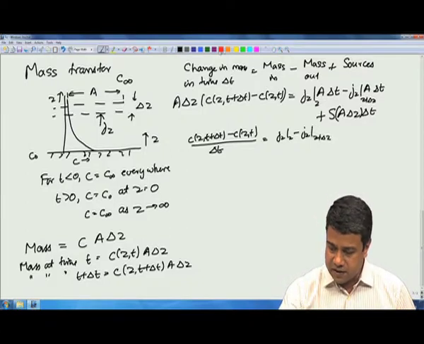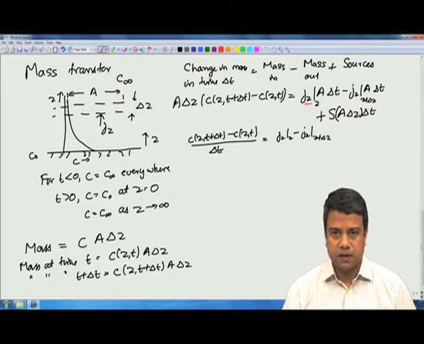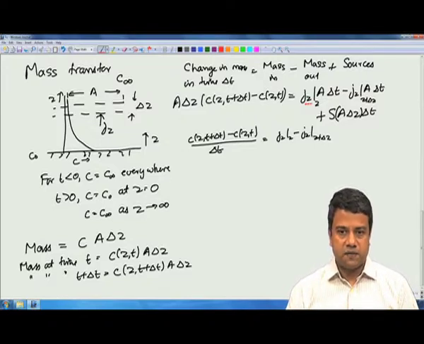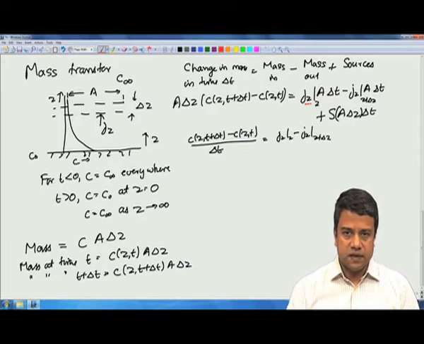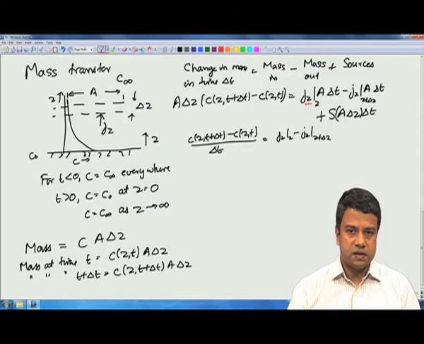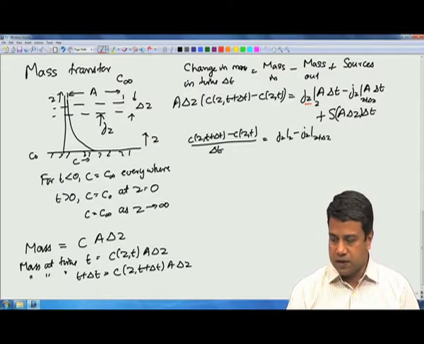Note this first subscript denotes that the flux is in the z direction. The direction of the flux depends upon the direction of the concentration variation. In this particular case, we are taking variations in concentration only in the z direction. Therefore, the flux will also be only in the z direction.